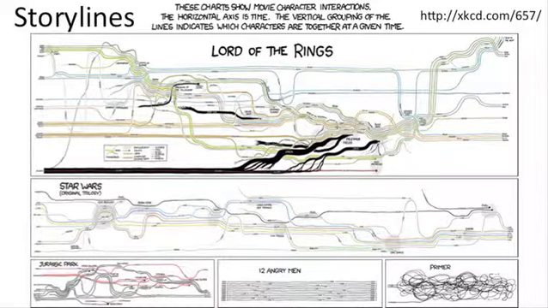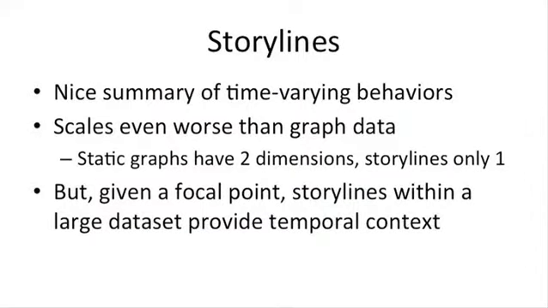And the bundles of lines indicate nodes that are grouped together, in this case because they appeared on scene or in the same page of the novel or the movie, or in a graph because they appear in the same cluster as each other, and looking at how these nodes move between clusters over time. So we wanted to take this approach and look at how we could apply this to dynamic data sets automatically, rather than just a hand-drawn, custom-tailored visual representation of a story.